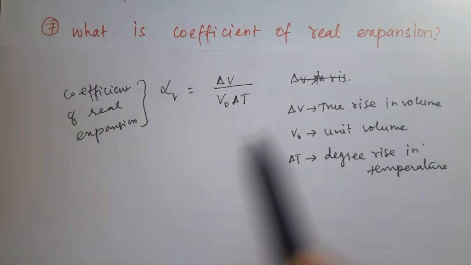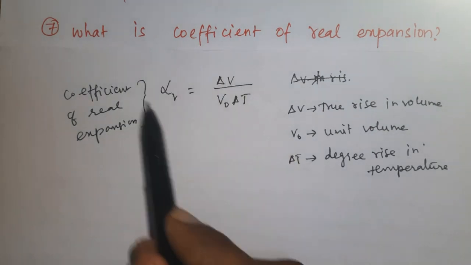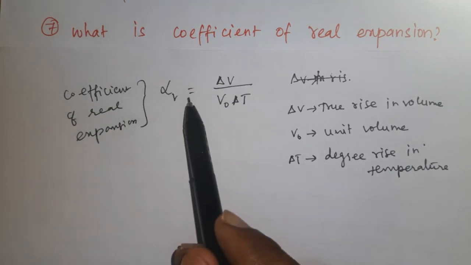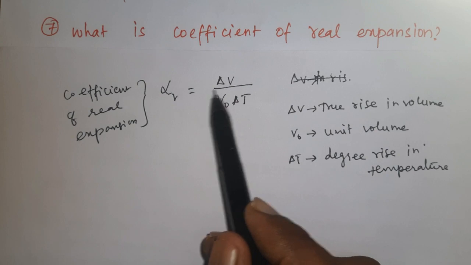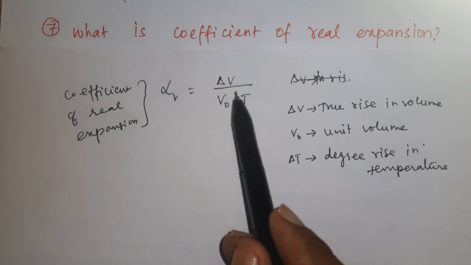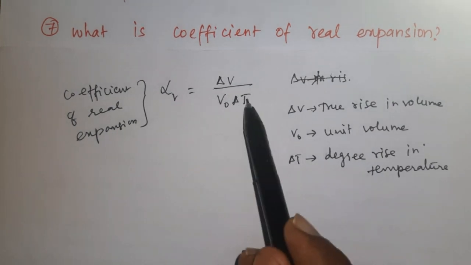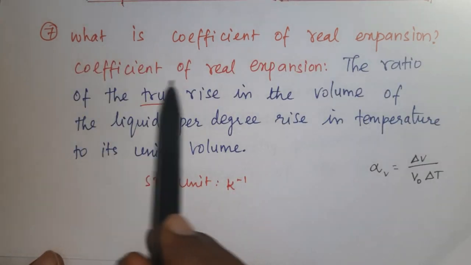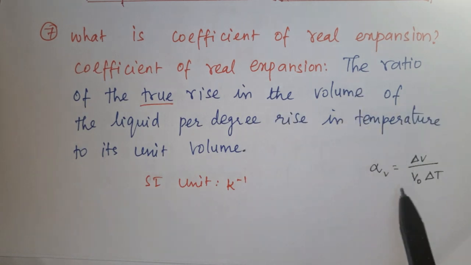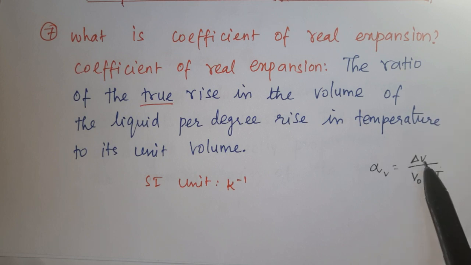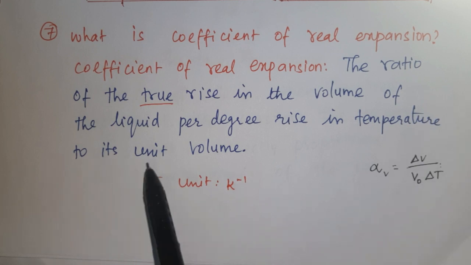By using this formula, we can define coefficient of real expansion as the ratio of true rise in volume per degree rise in temperature to its unit volume.